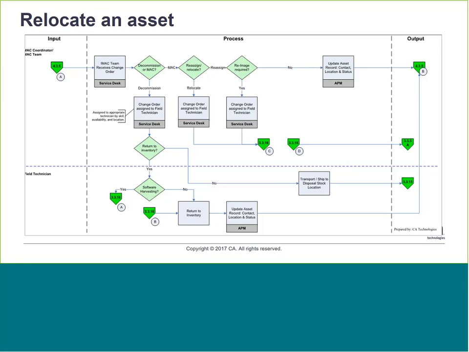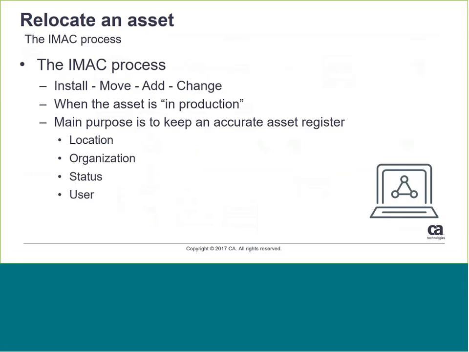So it's the production process of an asset, if you like. This is where the asset obviously should stay the longest, because you want to get the most out of whatever you purchased, right? So typically, the IMAC process takes care of your location, organization, status, and user links.